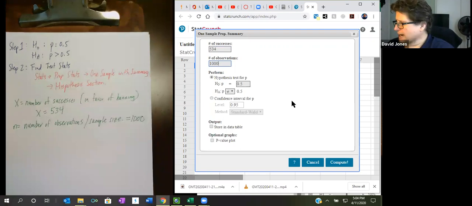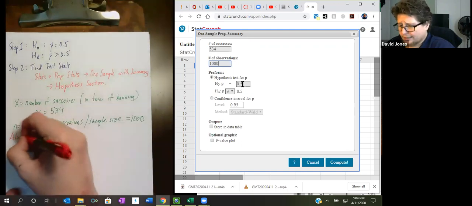Now in chapter 9, we clicked on hypothesis or confidence interval. Here we're going to do hypothesis test. The only thing you can change is the proportion. It defaults to the value we need.